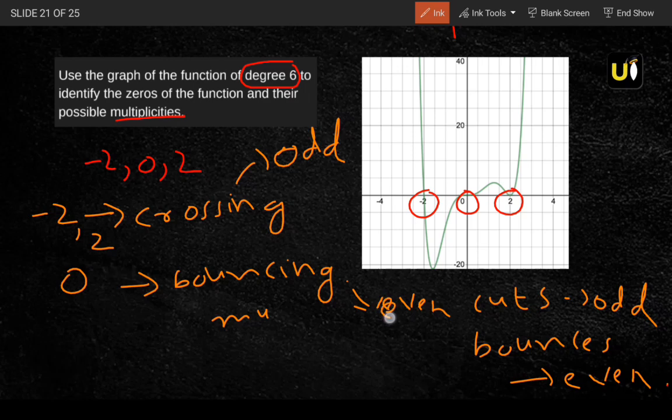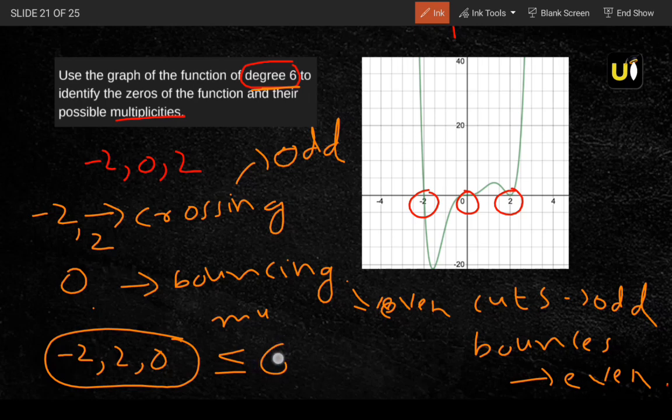Now from this condition and from these odd and even conditions, we can get the multiplicities of these three zeros. The multiplicity of 0 can be either 0 or 2 or 4. The multiplicity of -2 can be 1 or 3 or 5. And the multiplicity of 2 can be 1 or 3 or 5.